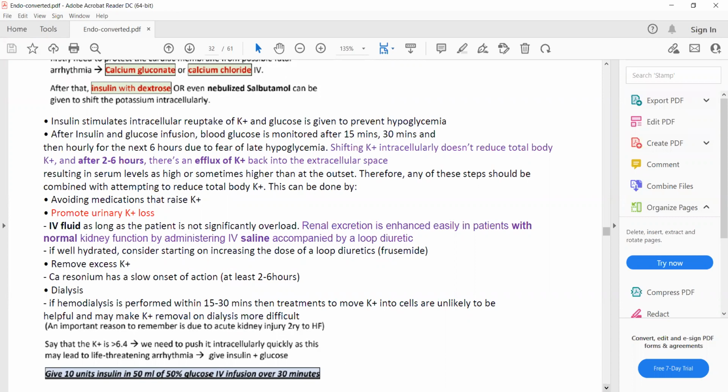So there are two scenarios. One is that the patient is well hydrated or in fluid overload or heart failure. In this scenario, we will not give normal saline, we will only give loop diuretic at a high dose. And if the patient is dehydrated, then we will give normal saline along with loop diuretic.